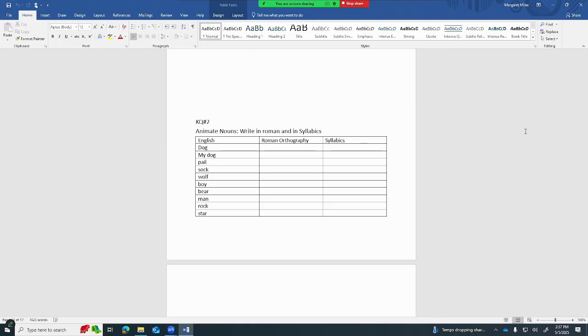Write in Roman and in syllabics. So these are animate words. There are 3 columns, English and the English words. Write them into Roman orthography and in syllabics.